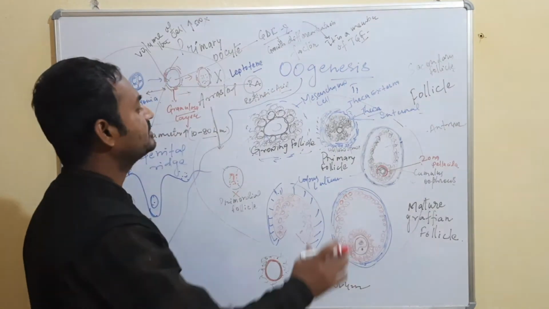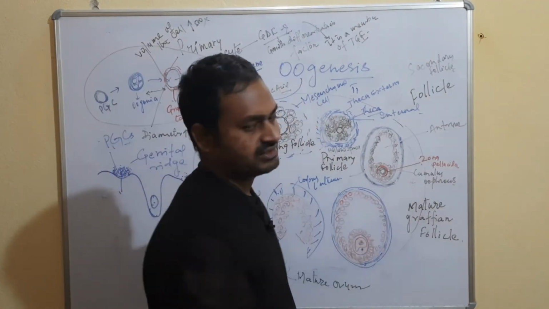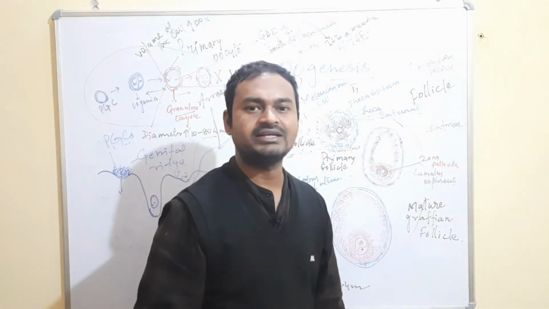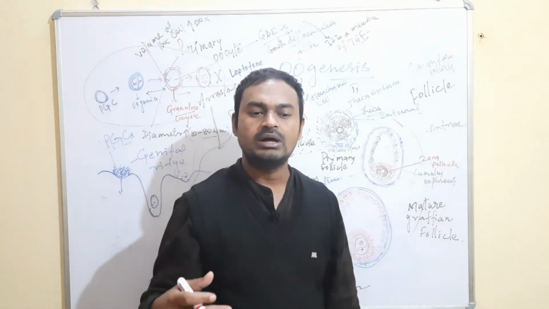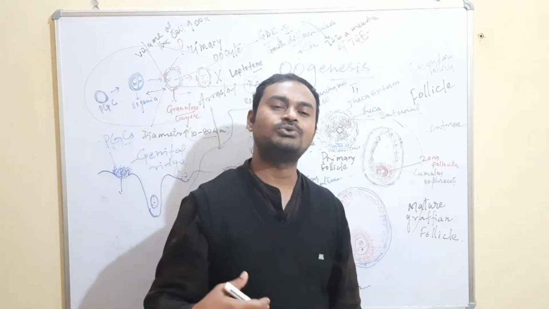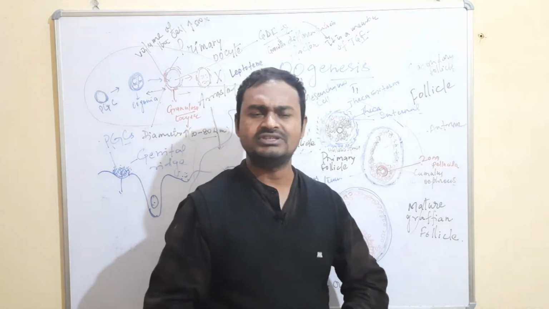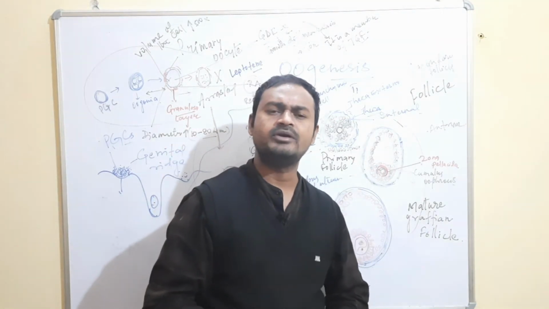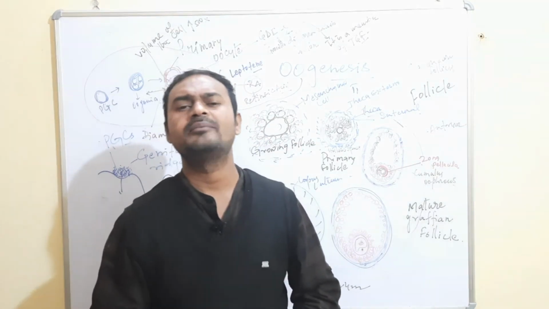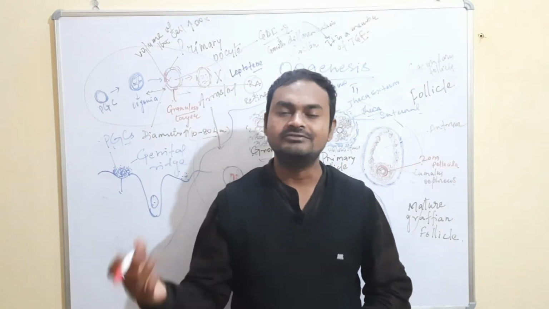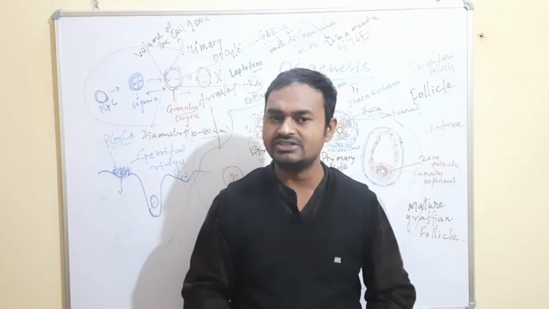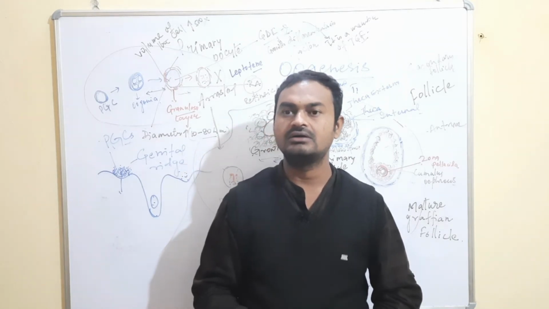The primary oocyte is able to transcribe a lot of genes, and these genes will be responsible for the differentiation of the cells.